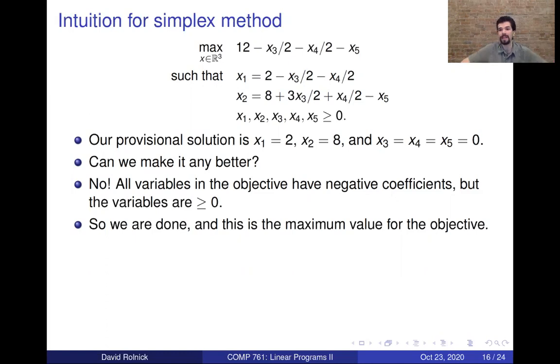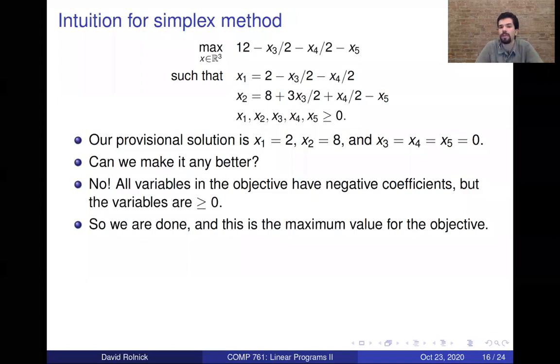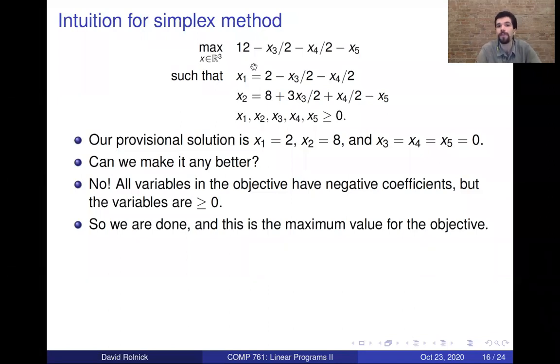Do we prove that this gives us a maximum? We prove that if we stop, then it has to be a maximum. And that's because, again, if all the other coefficients here are negative, we know that whatever is in the constant term has to be the maximum, because 12 minus something non-negative has to be at most 12. This is literally a way to have rewritten the original problem.